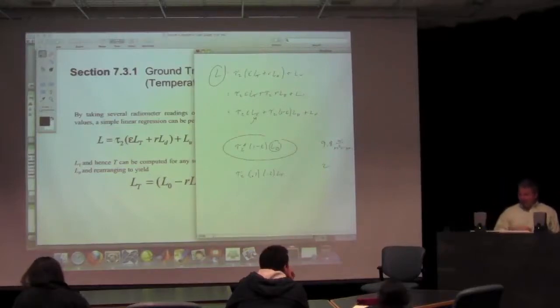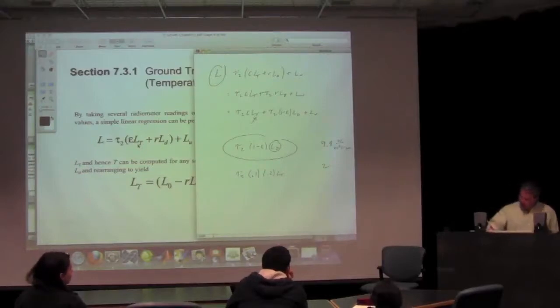So let's just leave that as a variable for a second. You mean L naught? Depends where we're looking. In this equation right here, it's LT. So that's 20% of the self-emitted. The downwelling radiance, LD, is about 20% of the self-emitted for a 300 Kelvin black body.